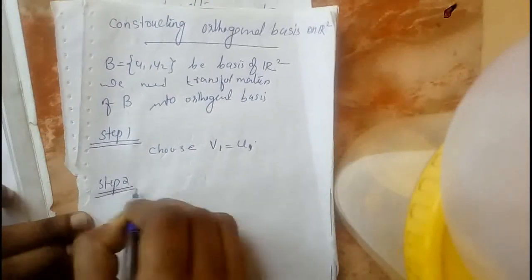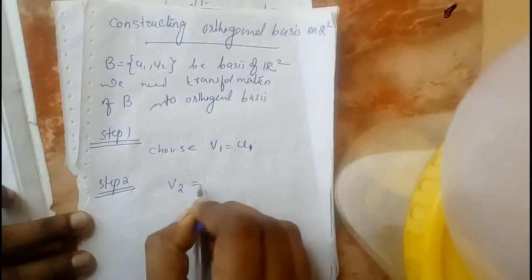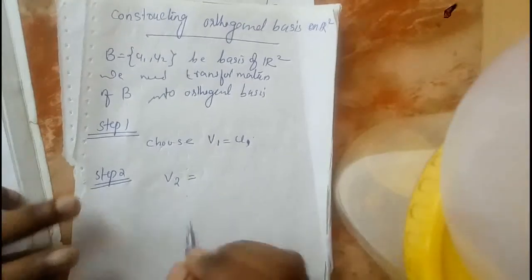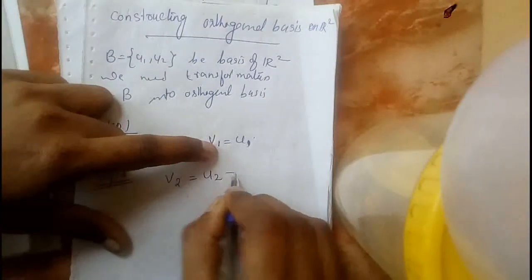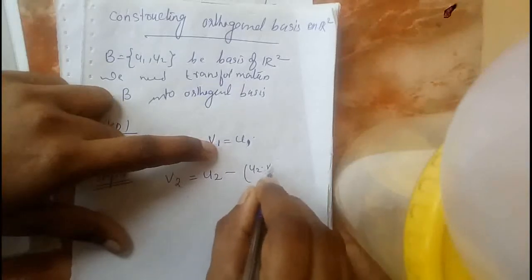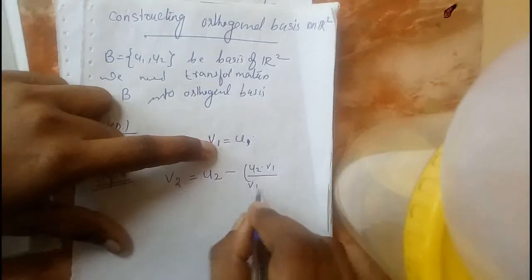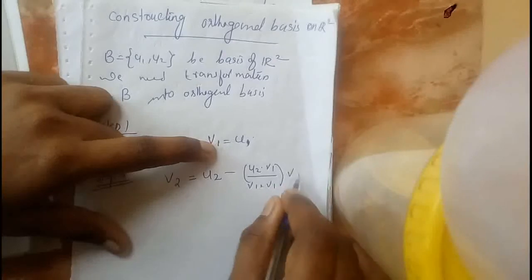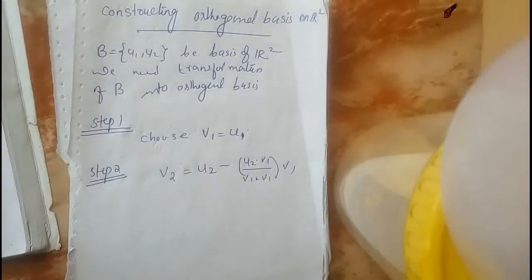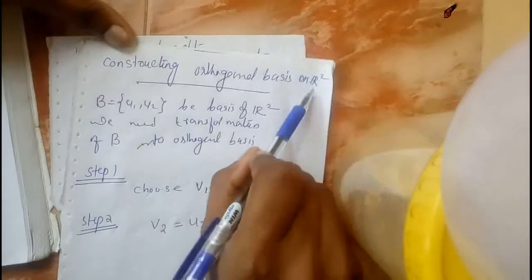Step 2, we construct V2. V2 equals U2 minus (U2 dot V1) by (V1 dot V1) into V1. Here the space is R2.